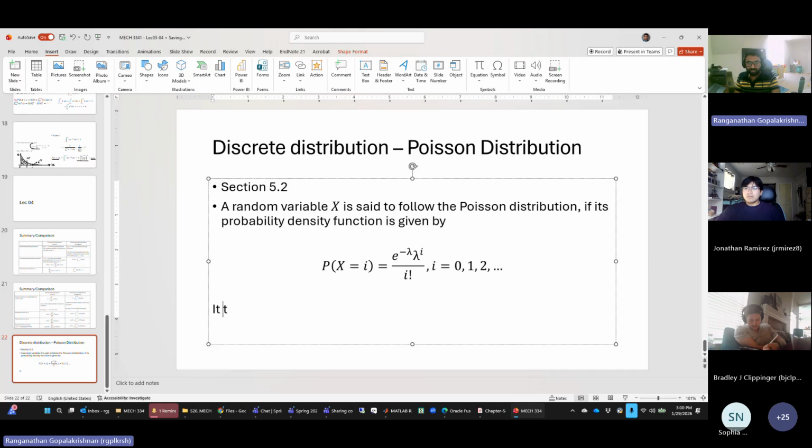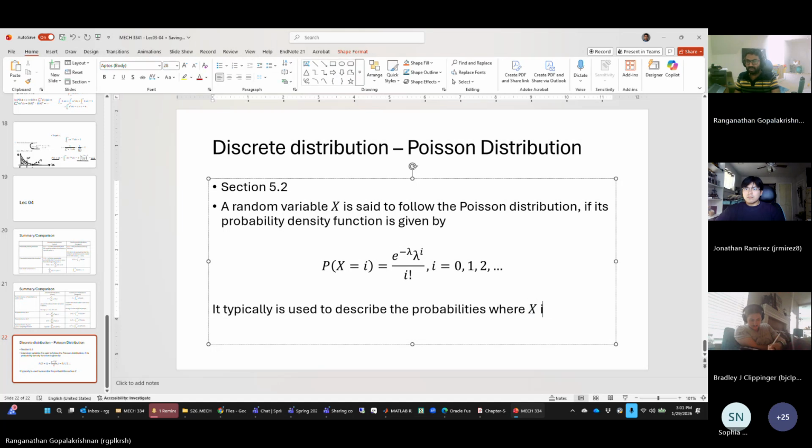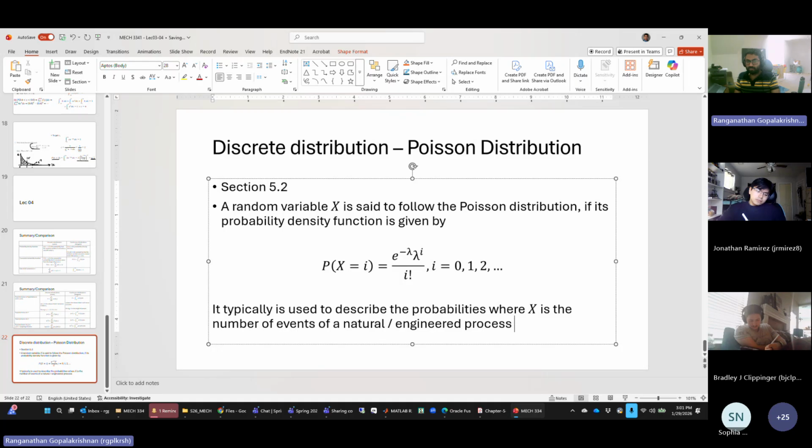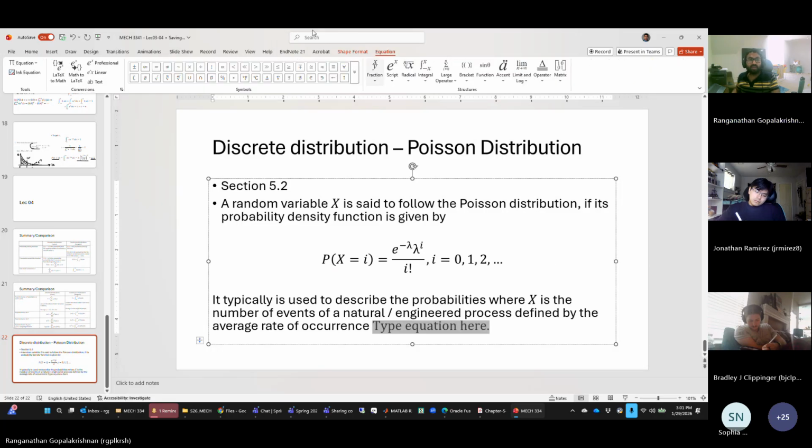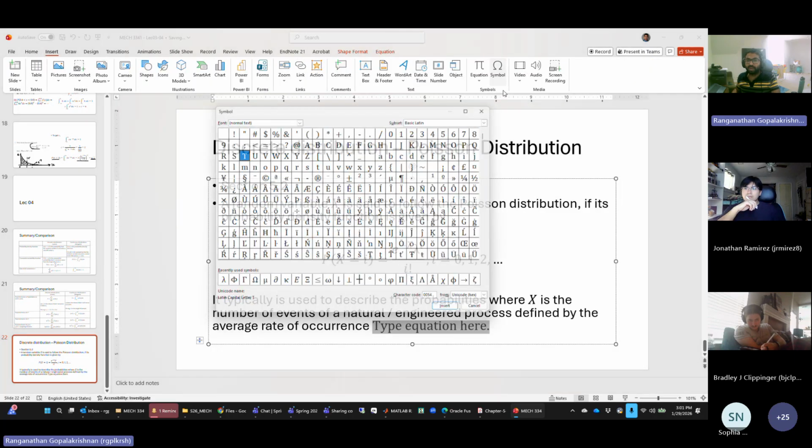It typically is used to describe the probabilities where x is the number of events of a natural, sometimes also engineered, process defined by the average rate of occurrence lambda.